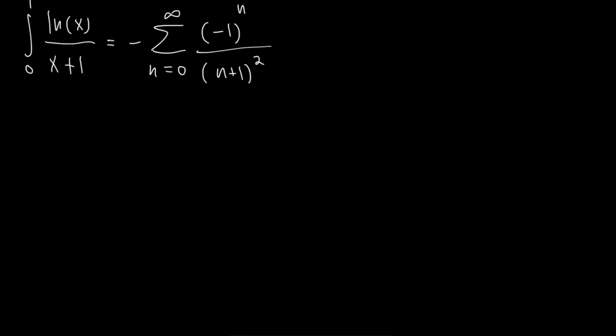So we just got done showing that our integral is negative the sum from 0 to infinity of (-1)^n divided by (n plus 1) squared. From here we can perform a change of index, letting n plus 1 go to n, so that n goes to n minus 1, and n now starts from 1.